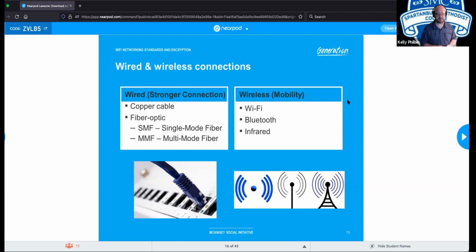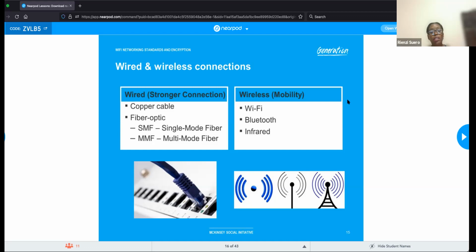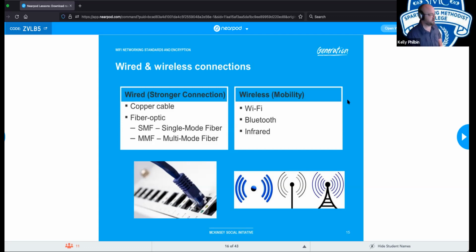Yes, Rienzi. I have a similar question to what Mr. Pozo said about wired versus non-wired. I thought Ethernet was considered wired, but the last slide says it could be wired or wireless. Yes, because of us incorporating Wi-Fi into our networks.